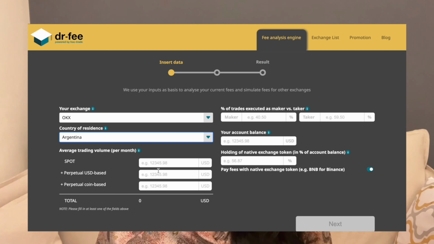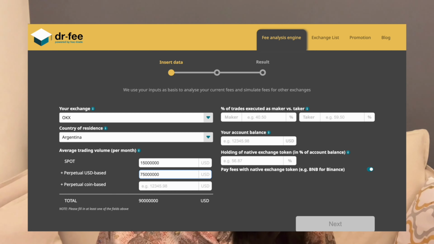Let's have an example of a trader in tier 6, so VIP 1 at OKX. We assume a spot volume of 15 million USD and 75 million USD future trading volume, right in the middle of the requirements of tier 6.